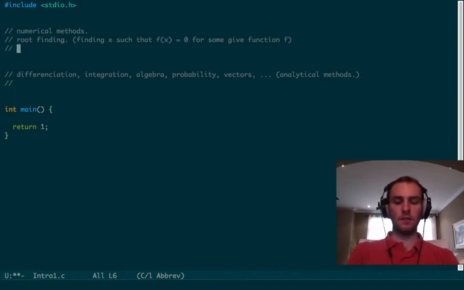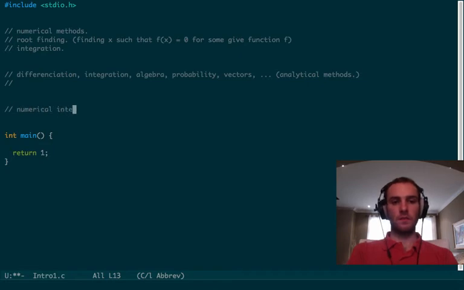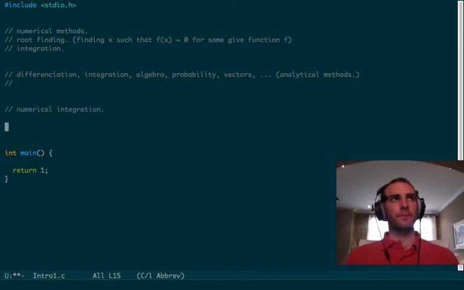Okay, so today we'll start with integration, the numerical integration. The basic problem: how would you define that in mathematics? You have a definite integral.